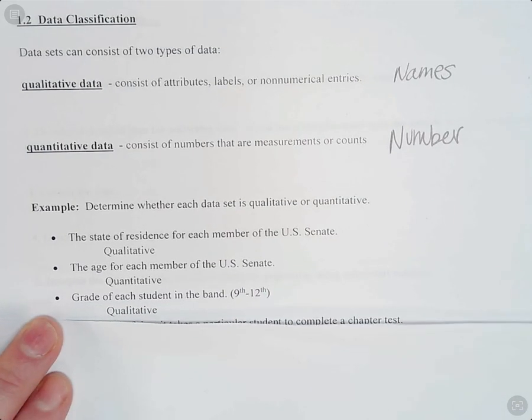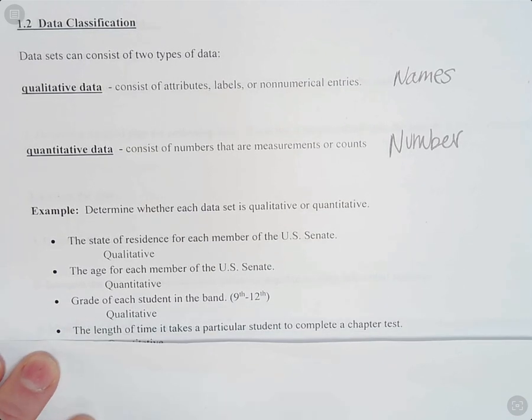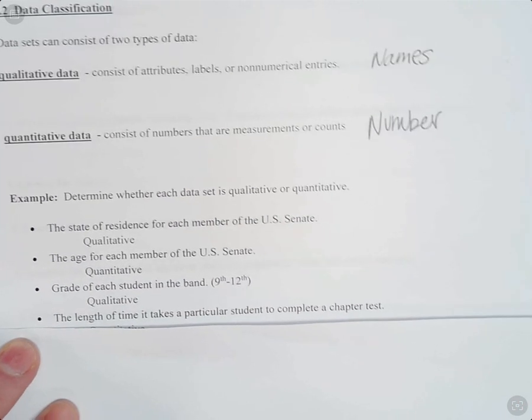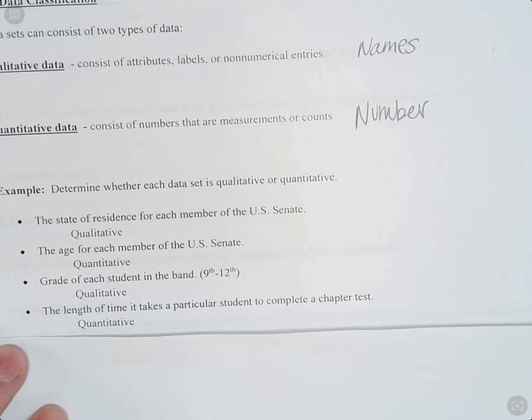So it is considered qualitative. Okay, the length of time it takes a particular student to complete a chapter test. Quantitative, yep, because it'll be a number.